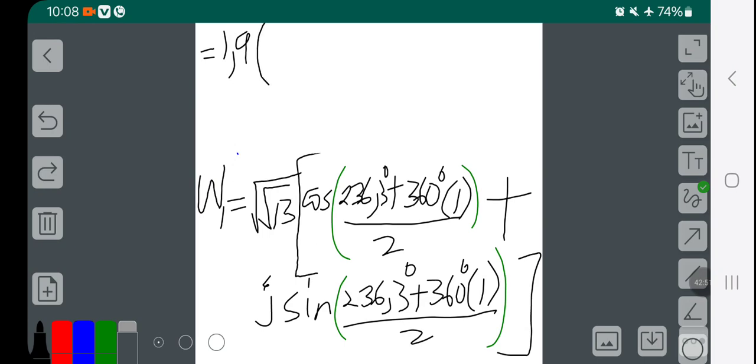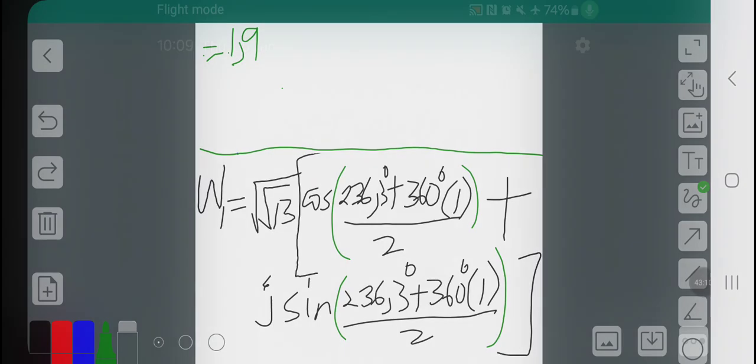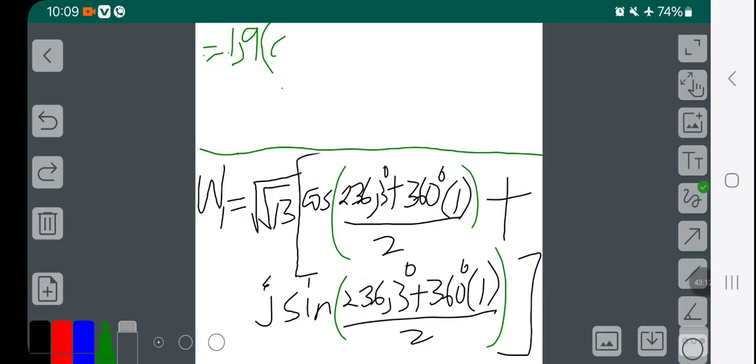Let me use a different color here so that it will not confuse. It's 1,9, equal to 1,9. Then we say cos. Now let's use the calculator.